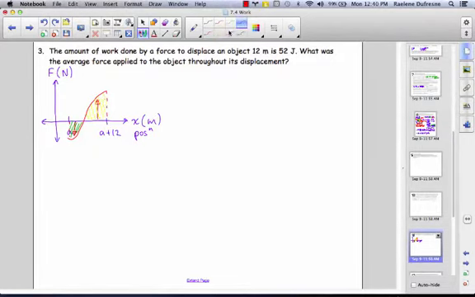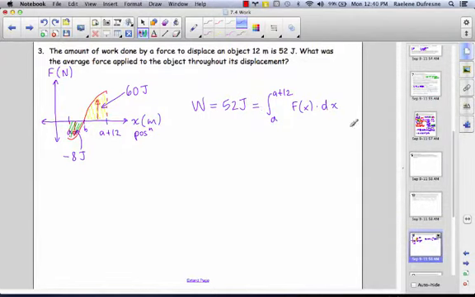Let's say that this is 60 joules when we integrate from B to A plus 12, and down here maybe that's negative 8 joules. And so the work is going to equal 52 joules, coming from the definite integral from A to A plus 12 of the force times the displacement. And so that's going to be negative 8 plus 60.